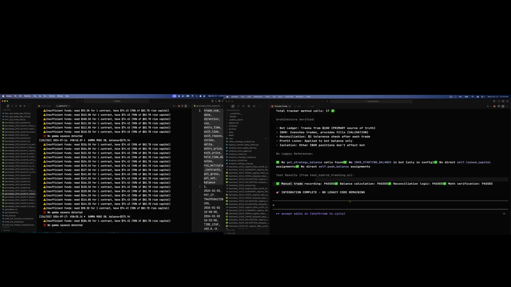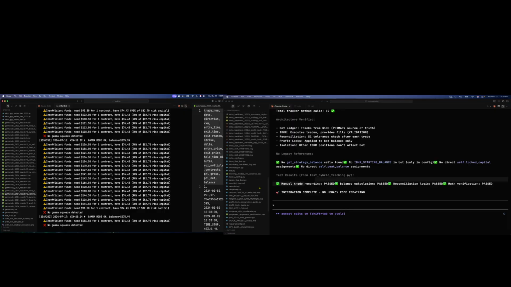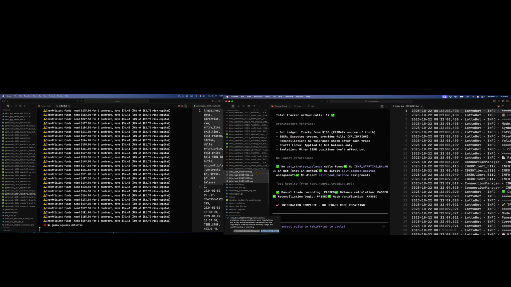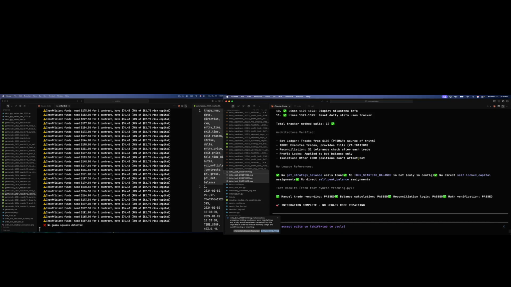Now let's review the log from today, from the past few days, and gauge how the bot has been running in live paper trading. Here's the logs, and every time it runs, we create a log so we can audit it afterwards.